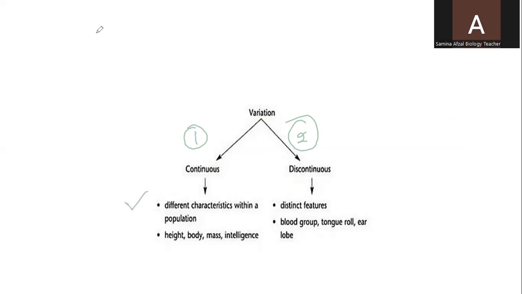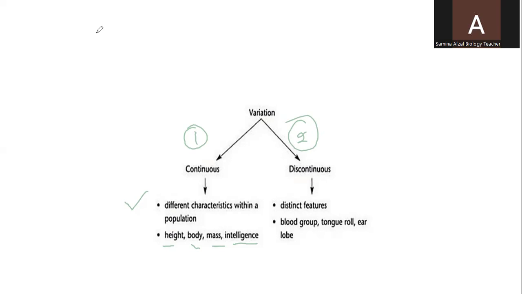The type of variations which continuously originate generation after generation. Examples are height, body mass, and intelligence. These are the continuous type of variations which originate in all generations.